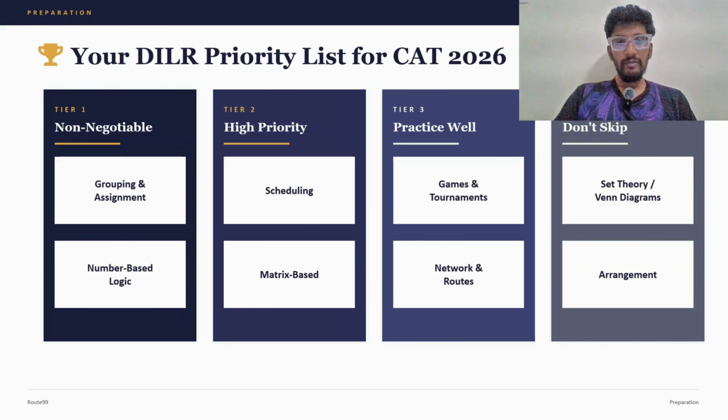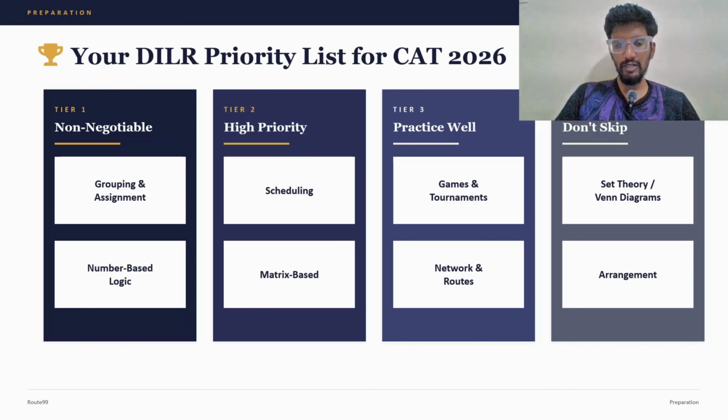So guys, I'll tell you some DILR priority list for CAT 2026, right? I know you have limited time, so you should invest that time in the right amount of sets. First one is tier 1: focus on grouping and assignment, because these are number based logic and these are non negotiable. Tier 2: focus on scheduling and matrix based questions.